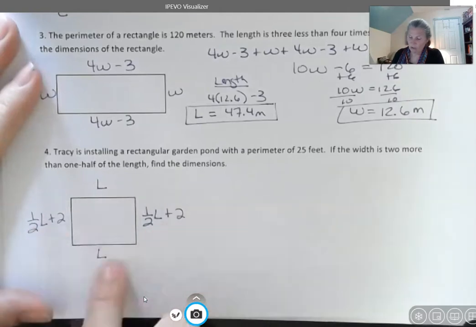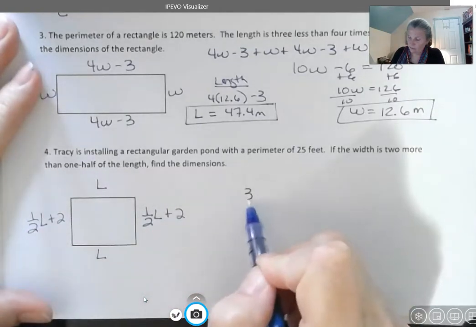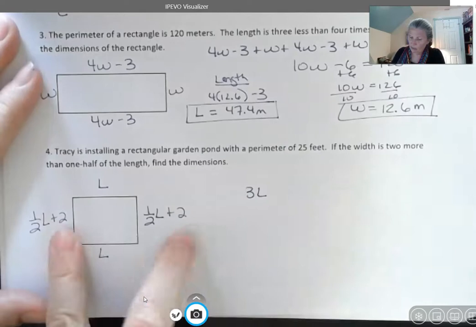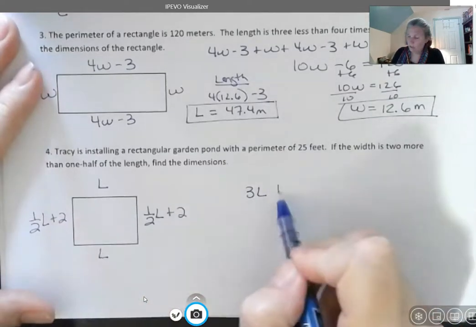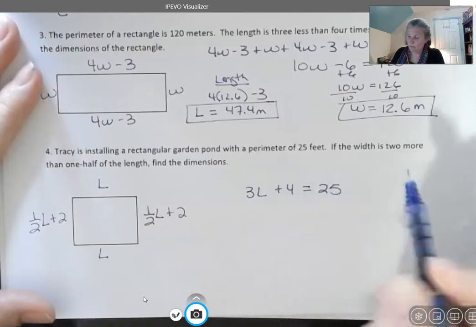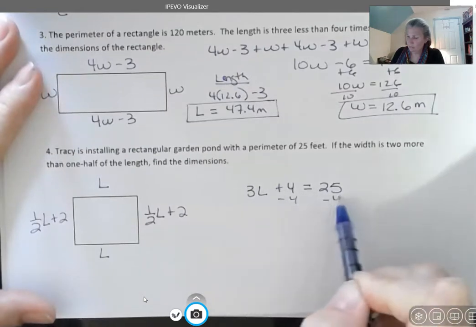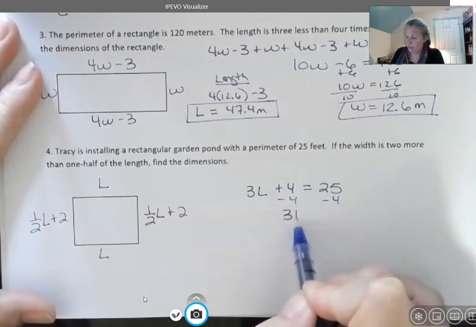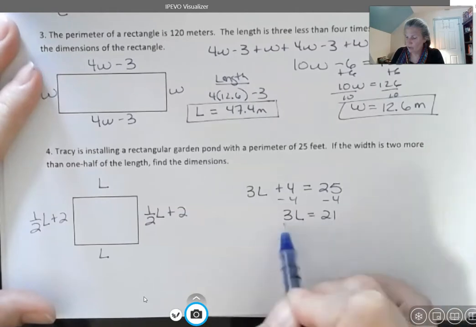So I have 1, 2, 3 L's. And then I have plus 2 and plus 2, which is plus 4, and that whole thing is supposed to equal 25. Now I'm going to subtract 4 from both sides, and 3L equals 21.